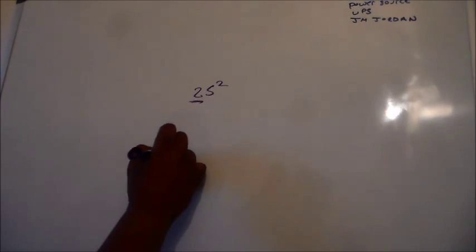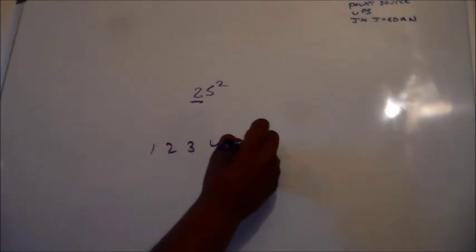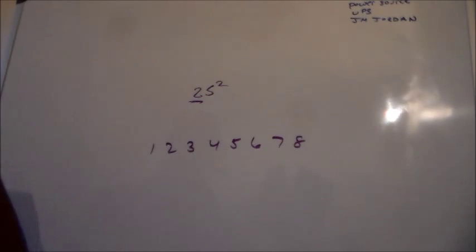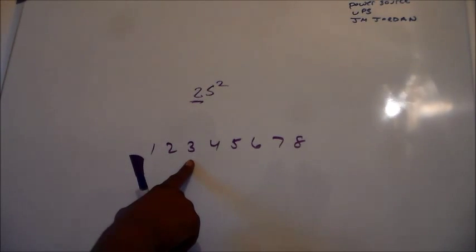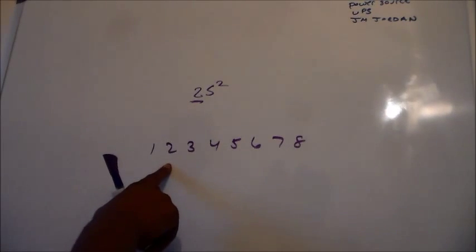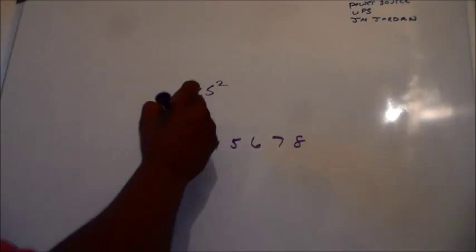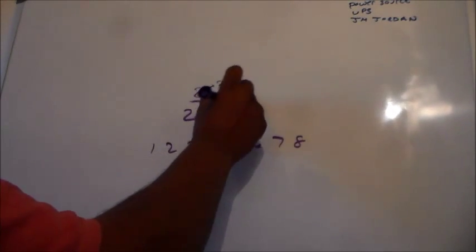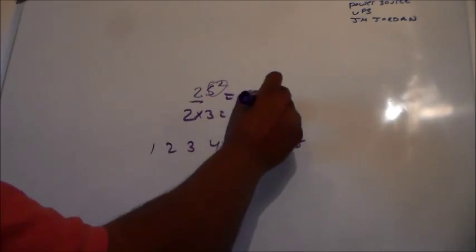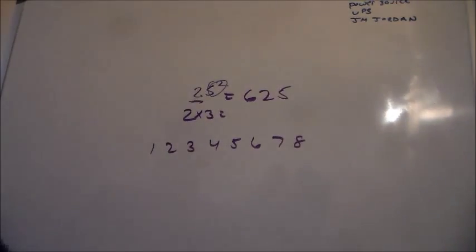So if we have 2, we're going to multiply by 3. The next consecutive number after 2 is 3, so we would say 2 times 3 equals 6, and then deal with our square, 25.